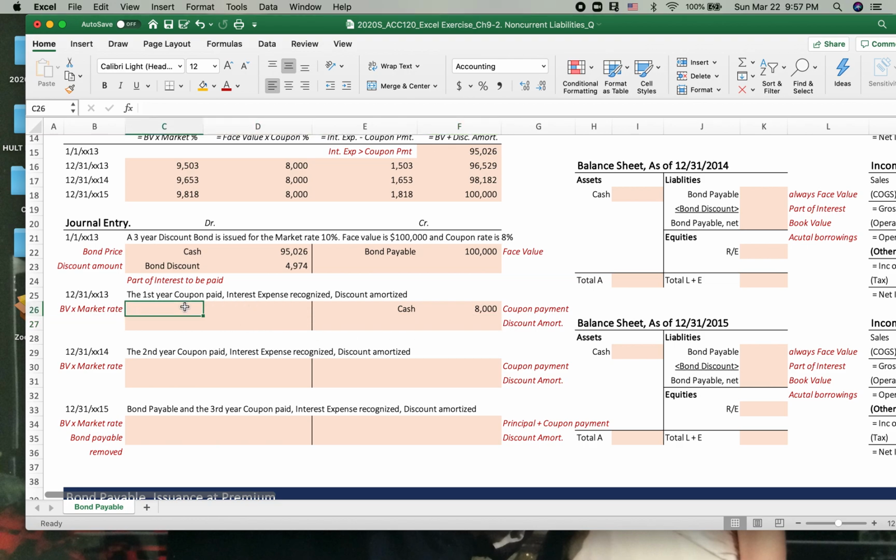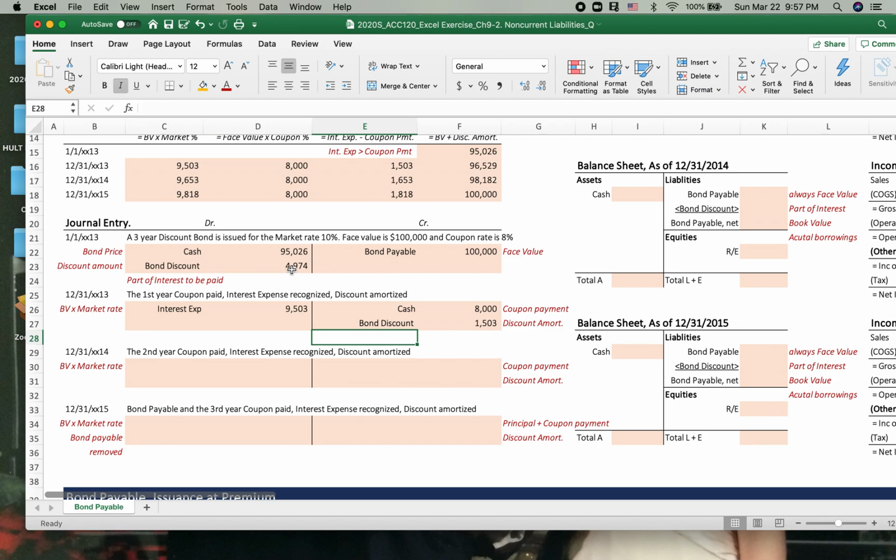Here on the debit side, the company should recognize interest expense. Interest expense 9,503. So the difference between two is the discount amortization, the bond discount, the same name of account. By recording the bond discount on the credit side, we amortize this bond discount.